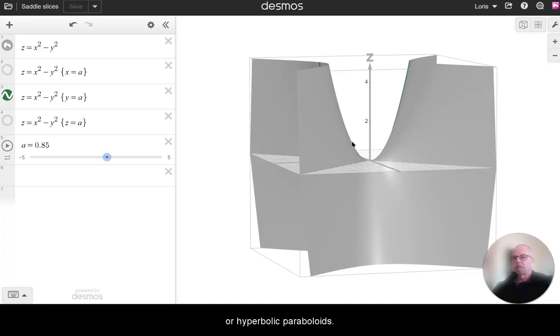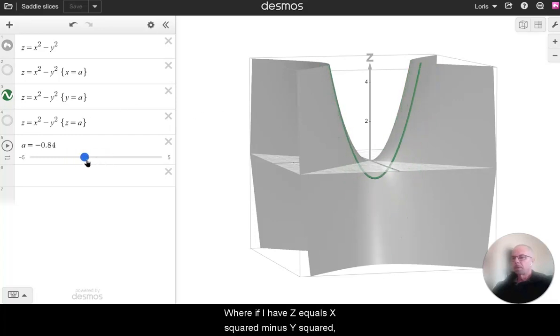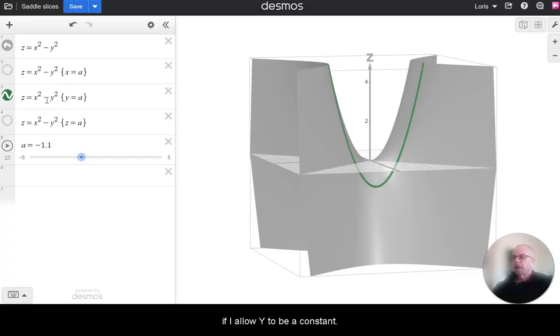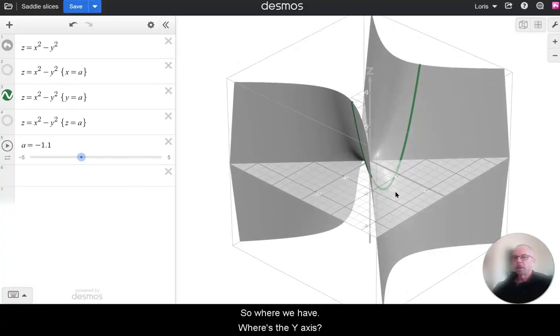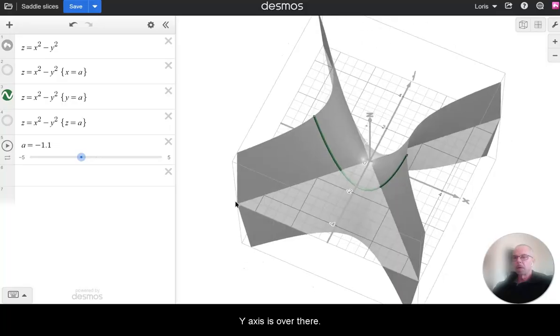Now, this really helps with saddles or hyperbolic paraboloids, where if I have z equals x squared minus y squared, and I allow y to be a constant, so where are we at? Where's the y-axis? The y-axis is over there.